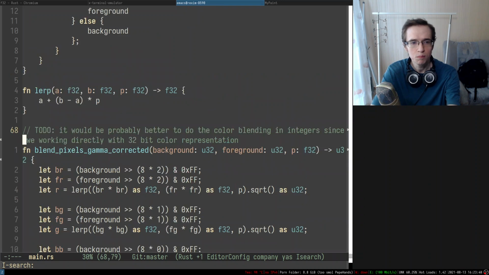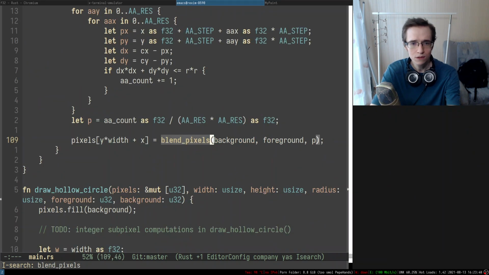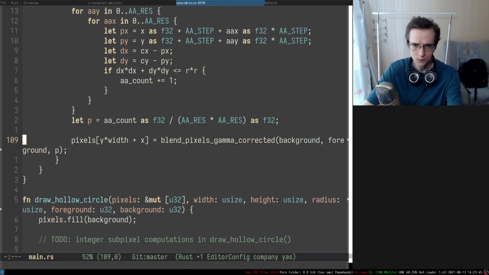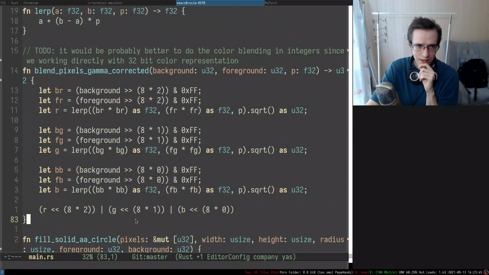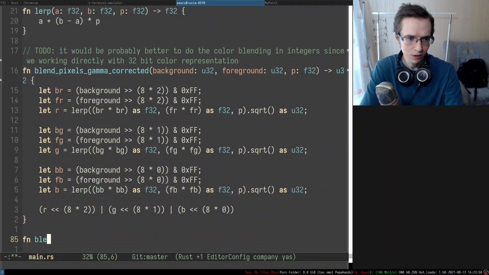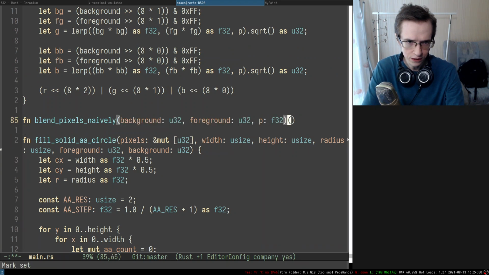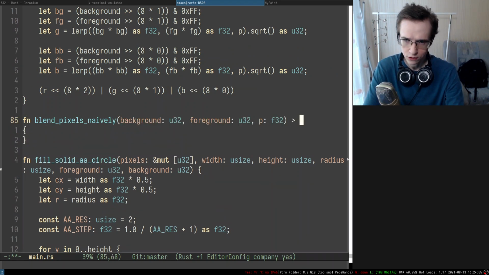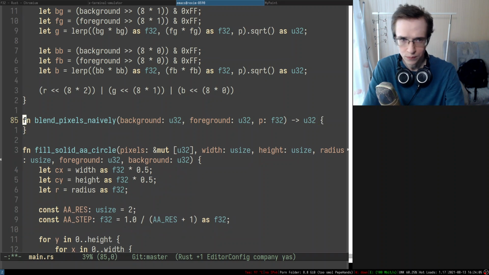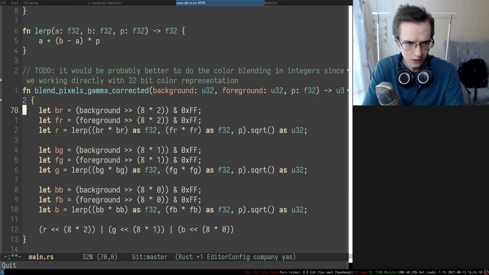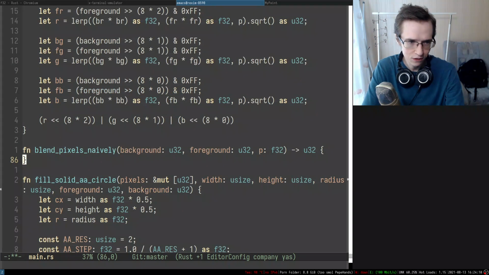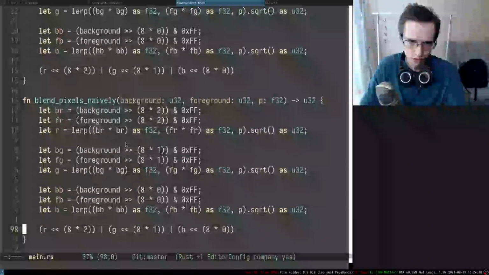And I want to create something like blend pixels naively, and I suppose I can just go ahead and grab the entire thing in here, like so. And this entire thing should probably return the U32. So in this particular case, we're going to just copy paste the entire thing and revert it back.